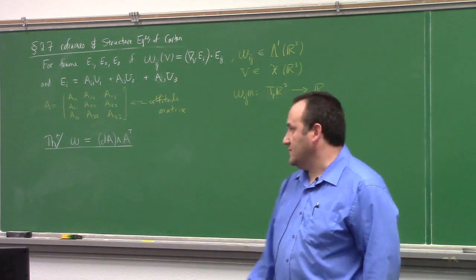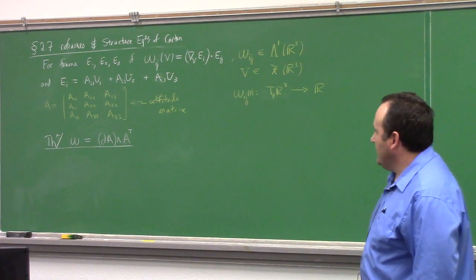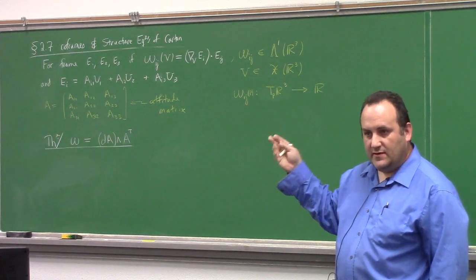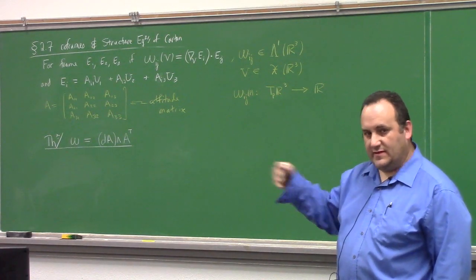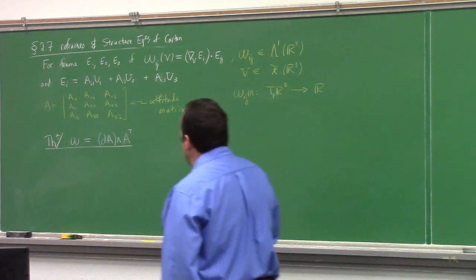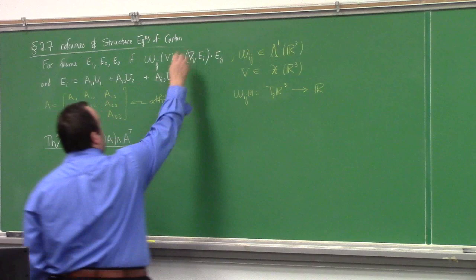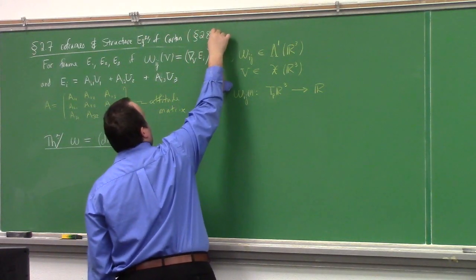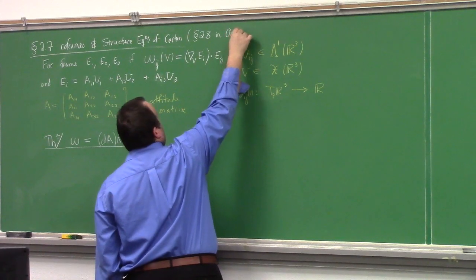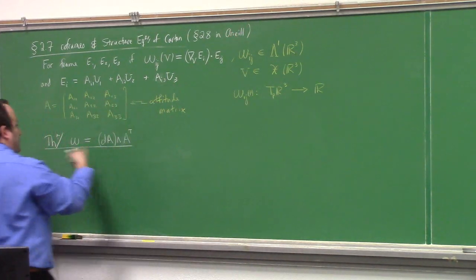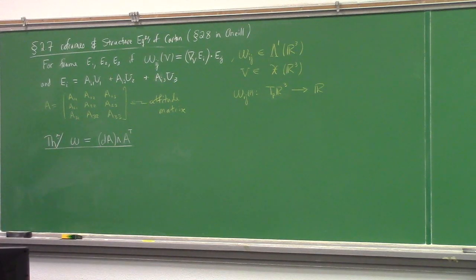So that's where we are, right? We have these things. And so you can build the connection coefficients from the attitude matrix. You take the exterior derivative of the attitude matrix, wedge it with the transpose of the attitude matrix. That's the connection forms. And so in section 2.7, which corresponds to section 2.8 in O'Neill, we learn further things about this wild world of connection forms and so forth.